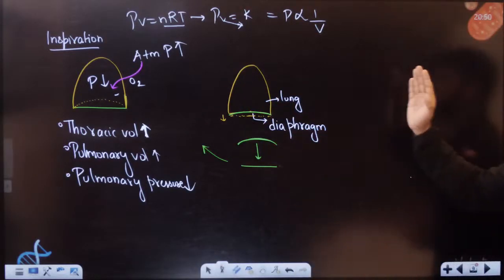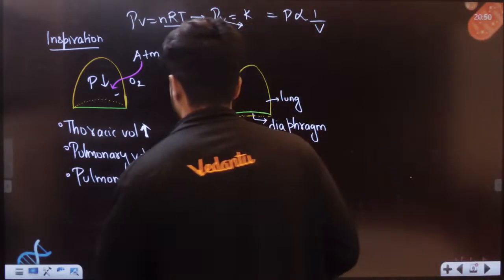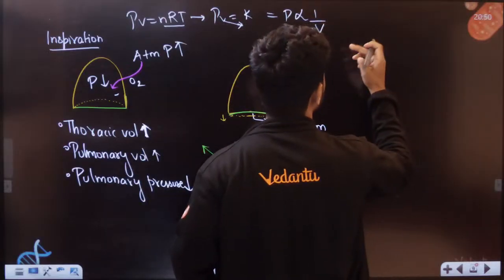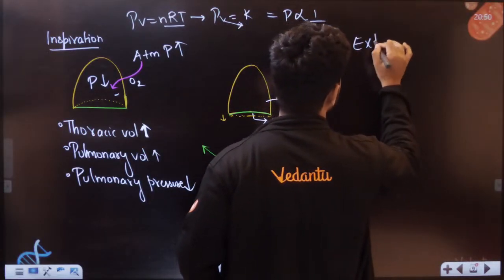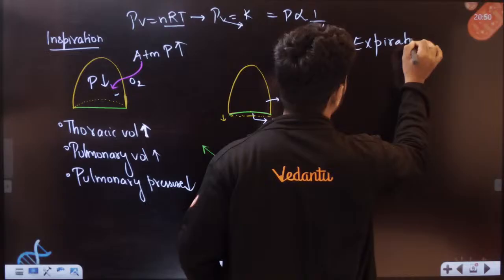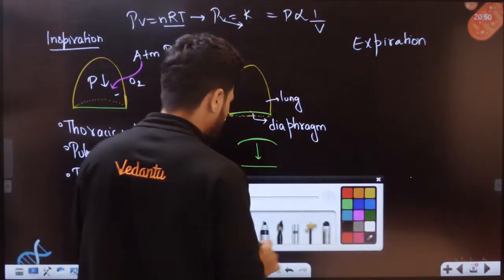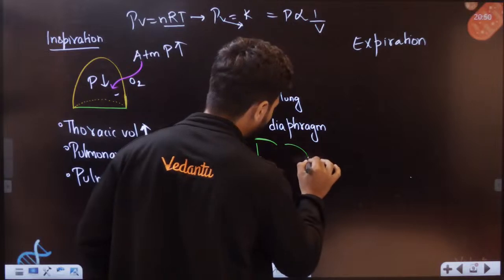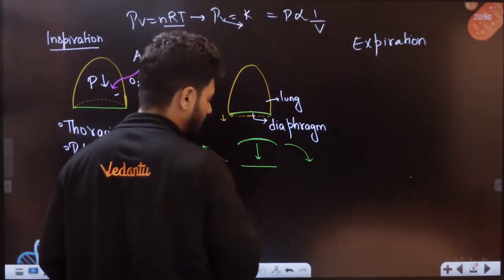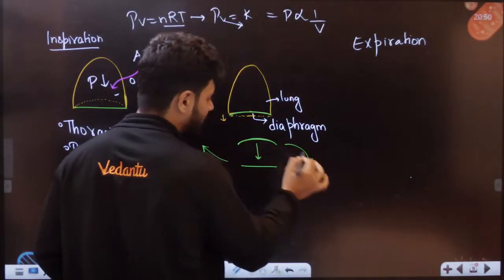Now what about expiration, students? What happens in expiration? Understand, students. In expiration, the diaphragm will undergo relaxation now. The same diaphragm will undergo relaxation. So it was curved like this.